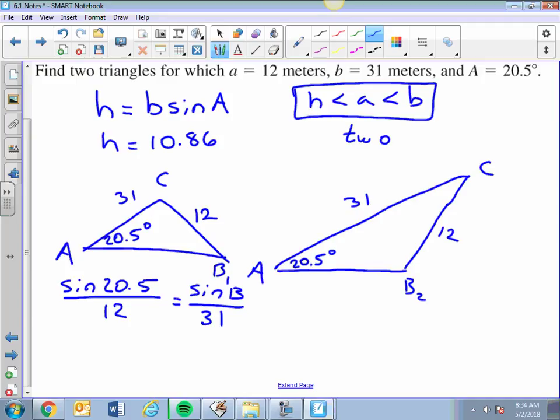If I cross multiply, and a lot of times you could probably just do this in your head, sine of 20.5 times 31, and then divide by 12. I'm going to get a pretty small decimal, and remember the way you have to figure this out is you have to take the inverse sine of whatever the answer is, and then you should be able to find your angle for B.